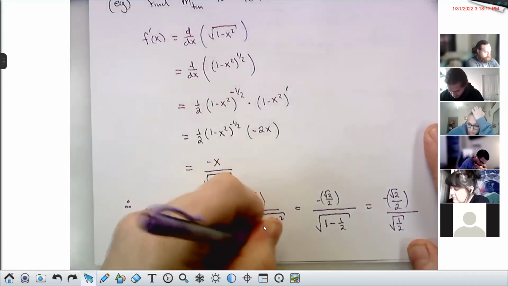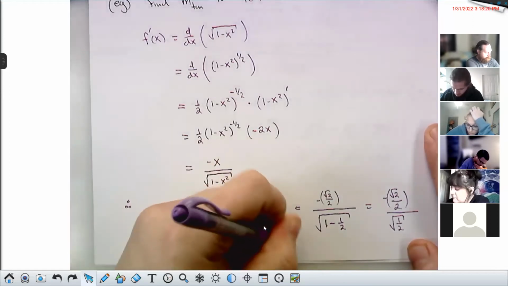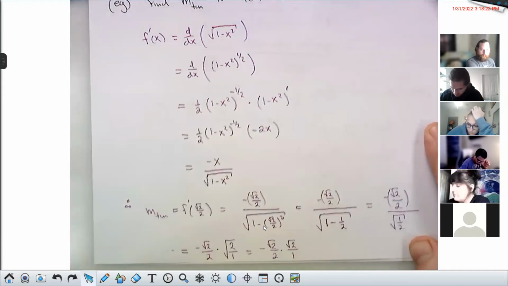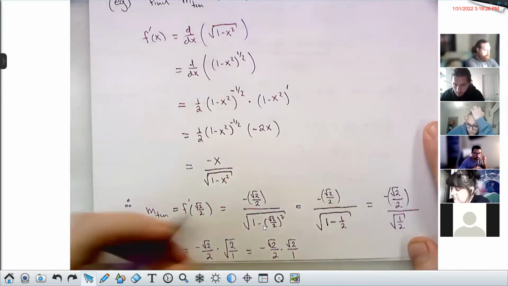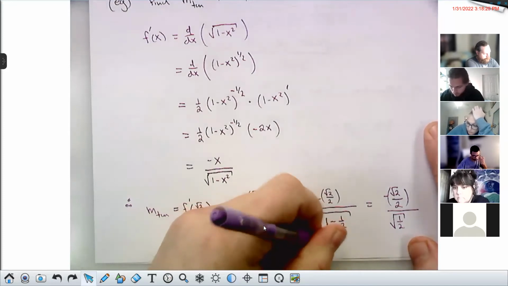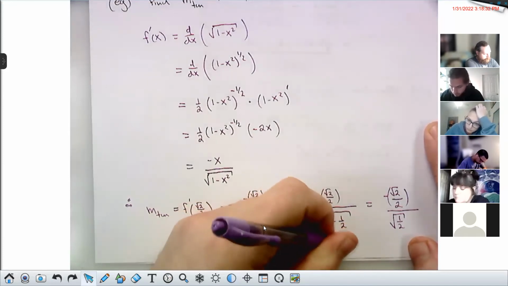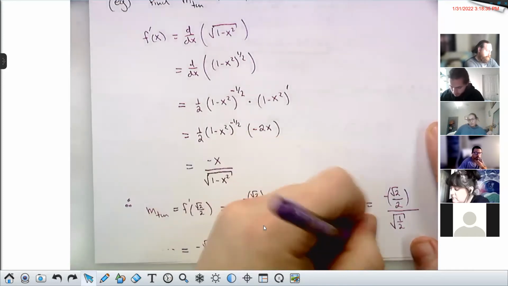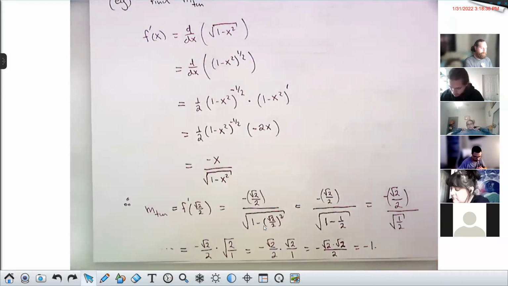So that's negative square root of 2 over 2 times square root of 2 over 1, taking the square root of the top and the bottom separately, which is -√2 times √2 over 2, which is just -1. And what we've really done here is we found the slope of the tangent to the unit circle at the point associated with the angle pi/4. You know that tangent is -1. Slope -1, I should say.